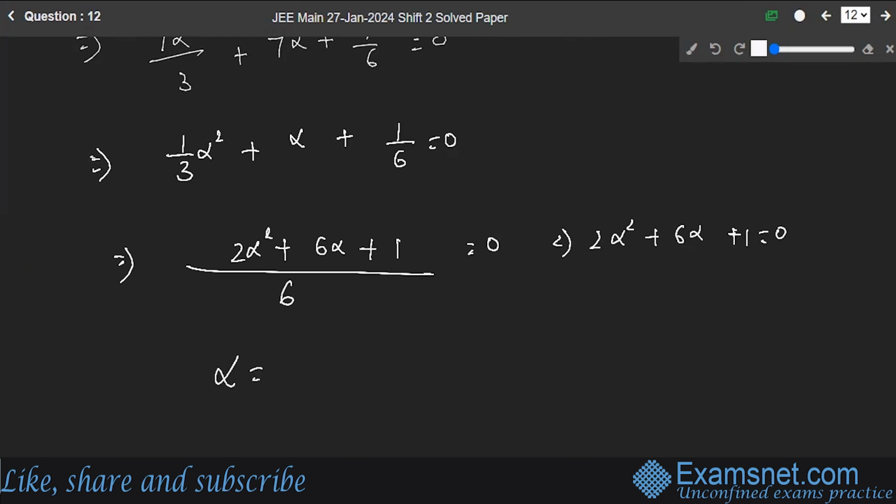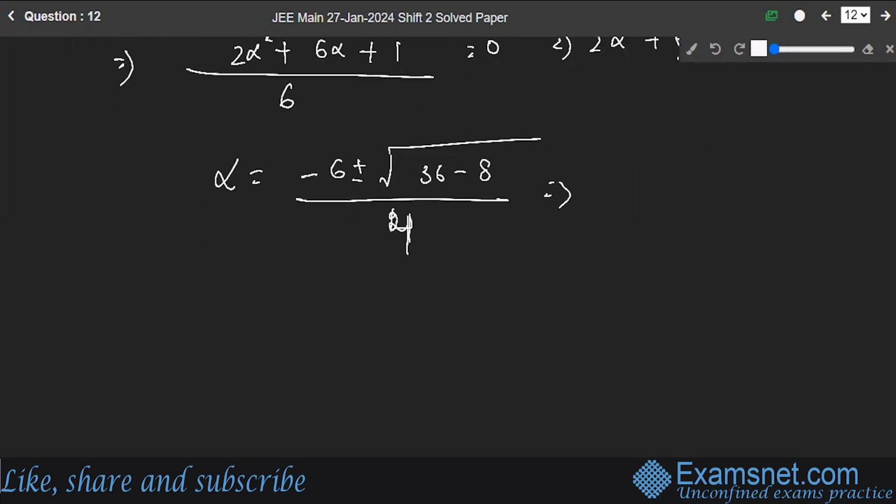Applying the quadratic formula, you have alpha is minus b plus minus root of b square, which is 36, minus 4ac, which is 8, upon 2a, which is 4. Right. Okay. So this will be minus 6 plus minus root of, this is 28.